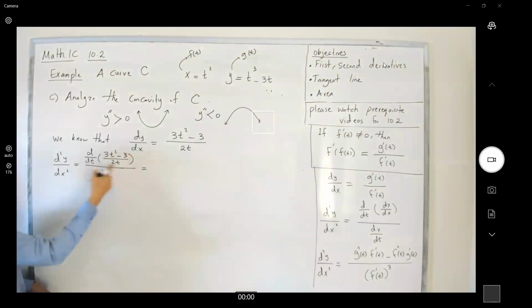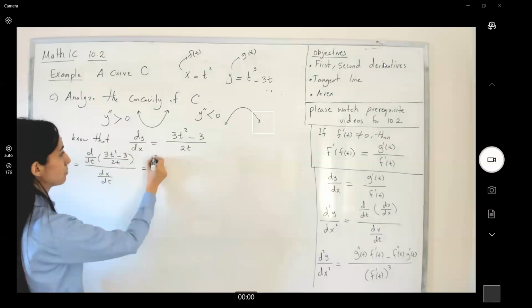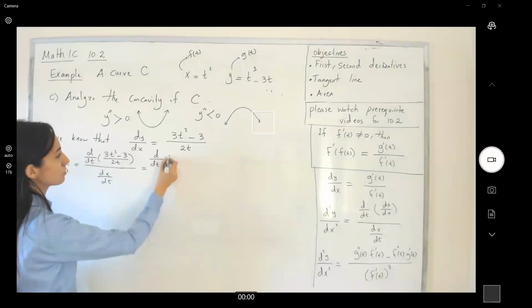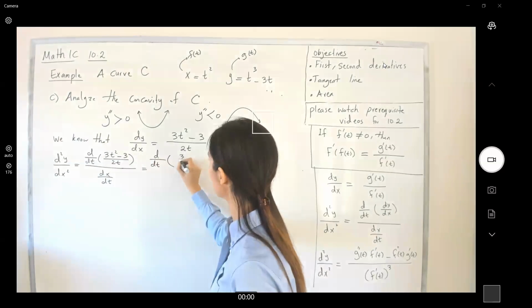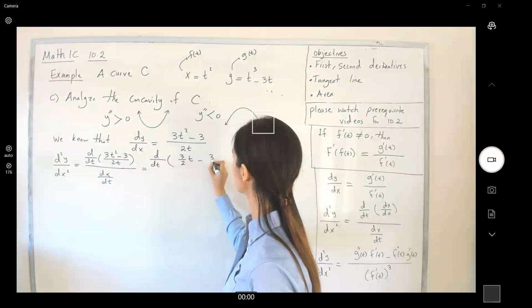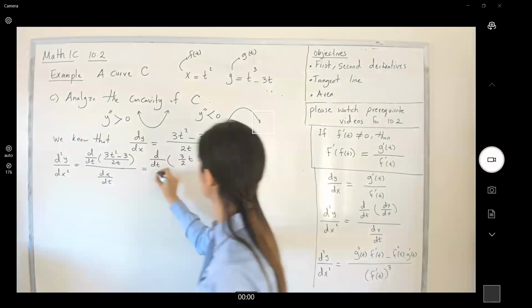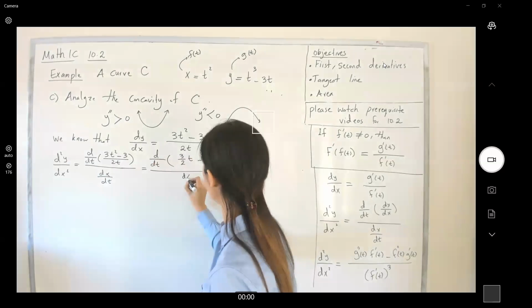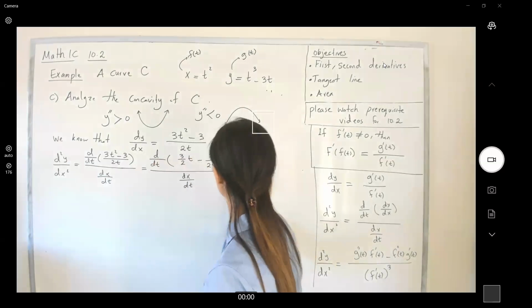So before taking the derivative of the first expression here, I'm going to simplify it a little bit more. d/dt of 3/2 t minus 3 over 2t, divided by dx over dt.